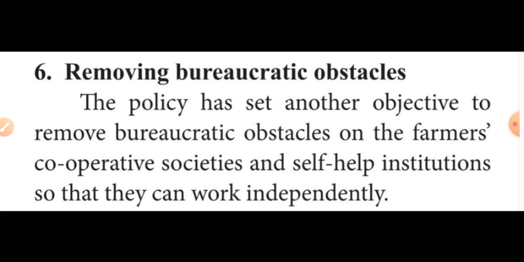This policy is set to remove complicated rules and some of the difficulties of the farmers through cooperative societies and self-help institutions, so that the farmers can work independently. Okay, students, these are some of the objectives of Indian agricultural policy.